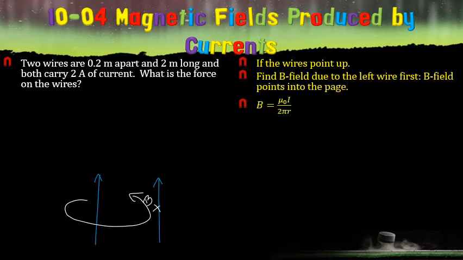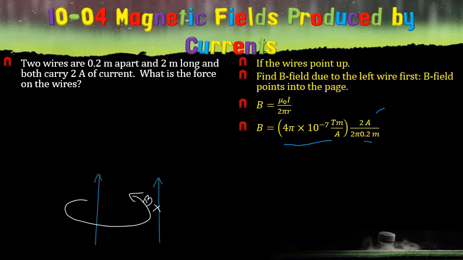I can use the magnetic field formula for a long straight wire. Fill in all the numbers. We have our constant. The current said that it was 2 amps. We've got our radius, our distance.